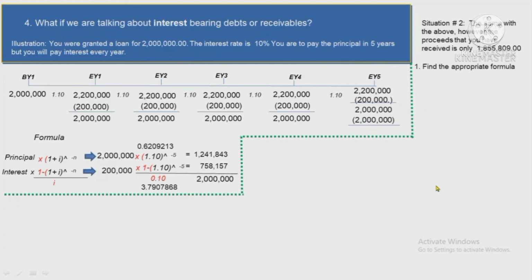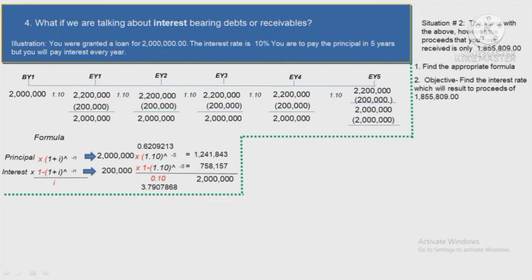One is for the principal and the other one is for the interest payments. Luckily, we already have that. These are those formulas. So after getting the appropriate formula, let's set the objective. And that is, what is the rate that if we are going to substitute that rate with these formulas will result to the present value of 1,855,809.